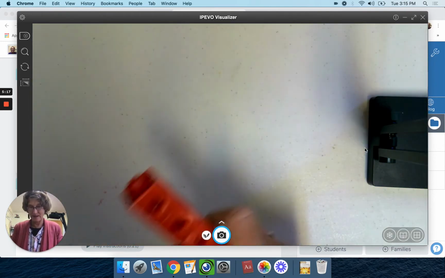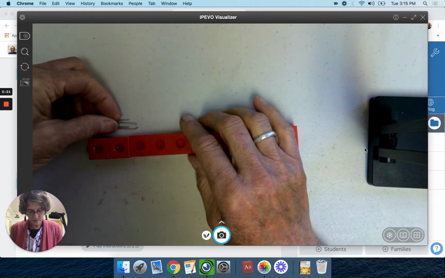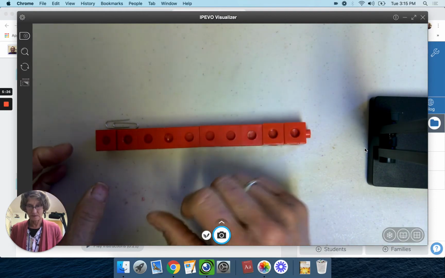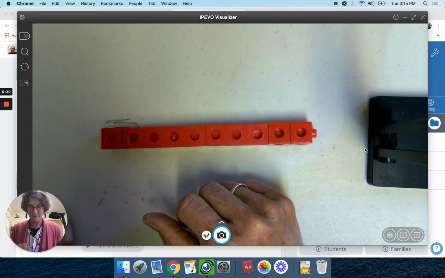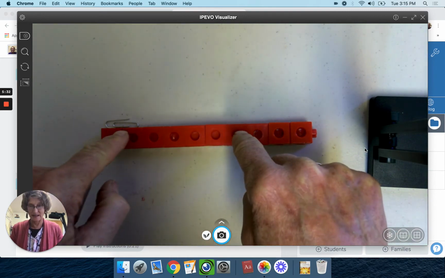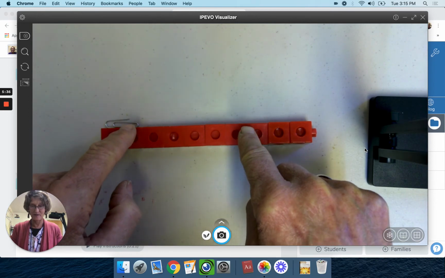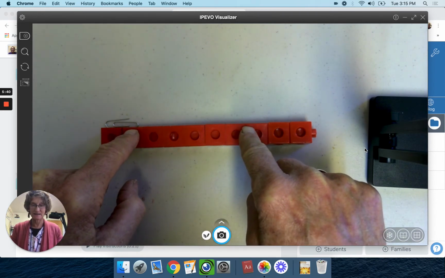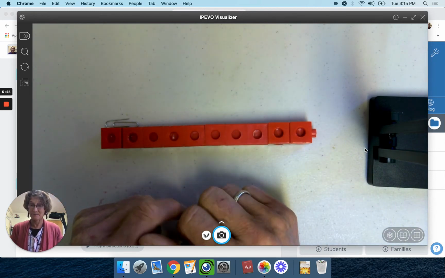How about a paper clip? I like lining it up on the flat end. Let's line it up. Okay, remember we're always starting with the 10 block today, the unit that we're using to compare the length. Is the 10 block tower longer or shorter than the paper clip?